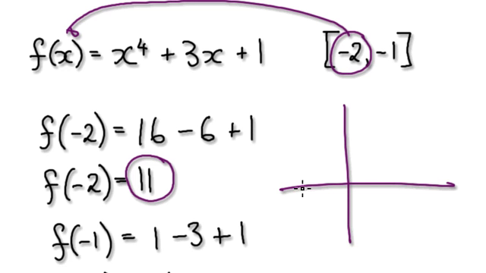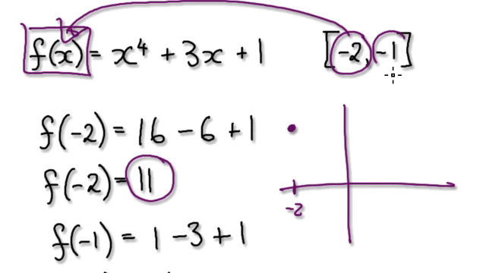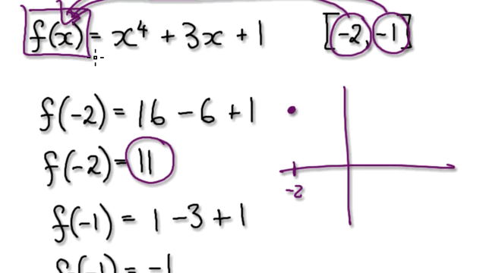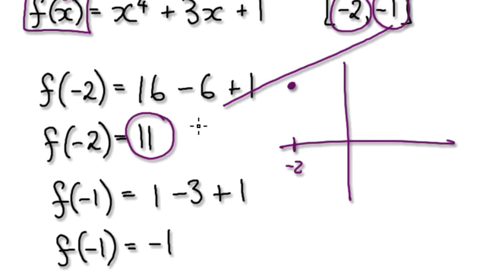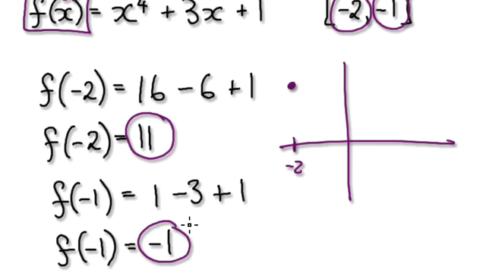Remember, we are talking about the original function. Now put -1 into the original function, and it will be this.